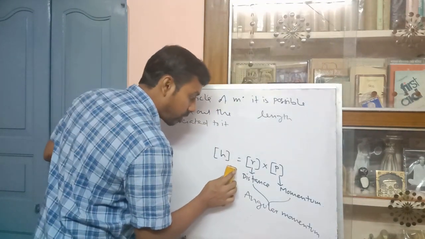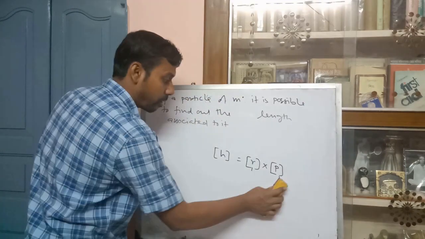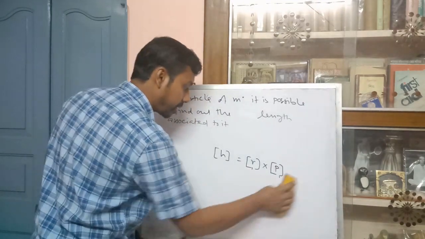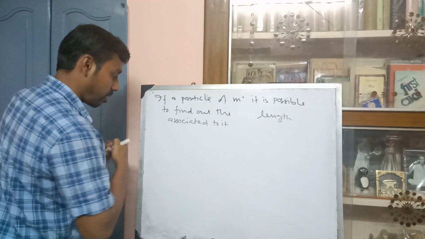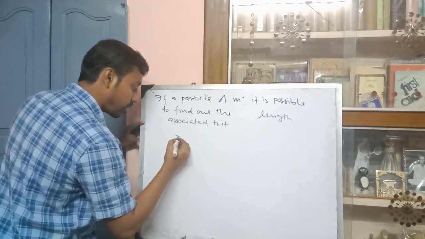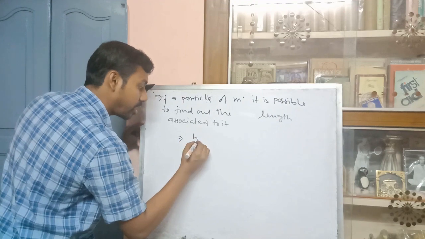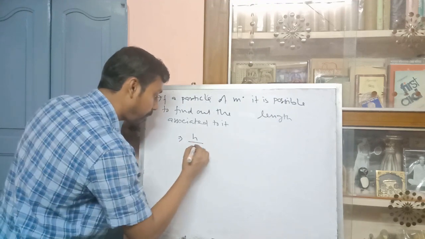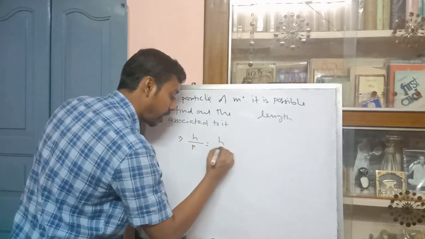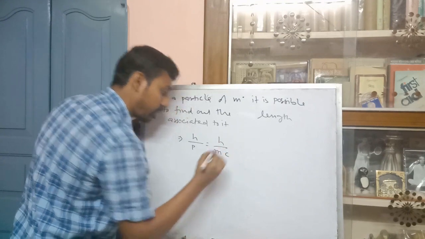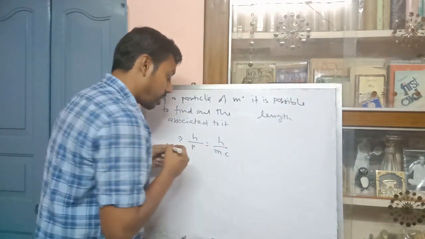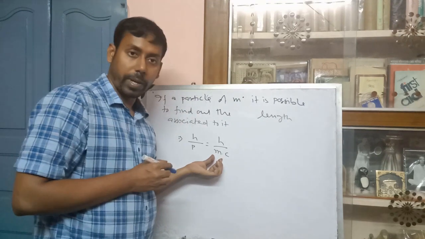We know that h is equal to r into p, so the distance r is equal to h by p, that is equal to h by m into c. Look, this is the mass of the particle.